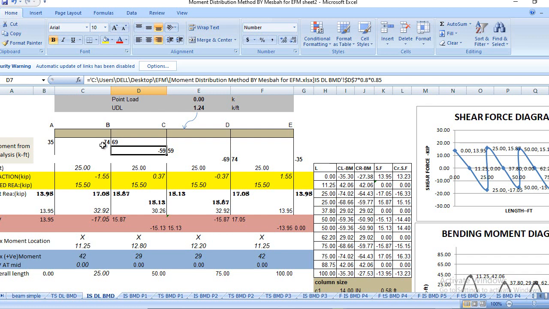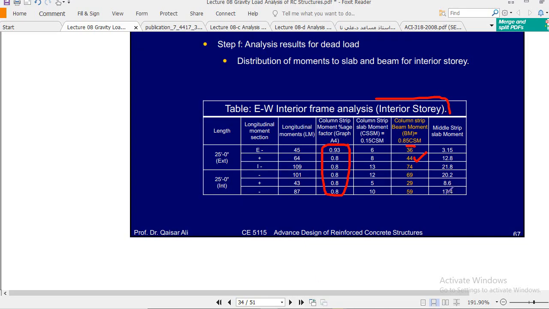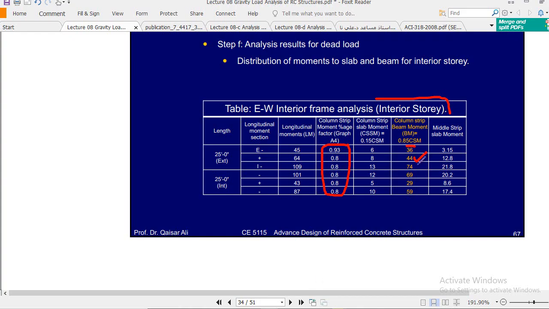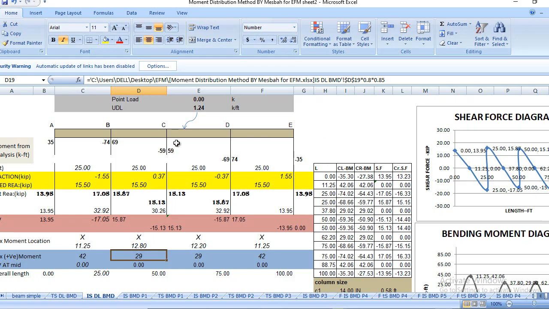Then I have 74, and here it is 74, 69. I also have 69, 69. Clear? And here I have 29. This is positive moment, and here you see this is 29. So this one is closed. So next one is 59. I also have 59. So this is the procedure.